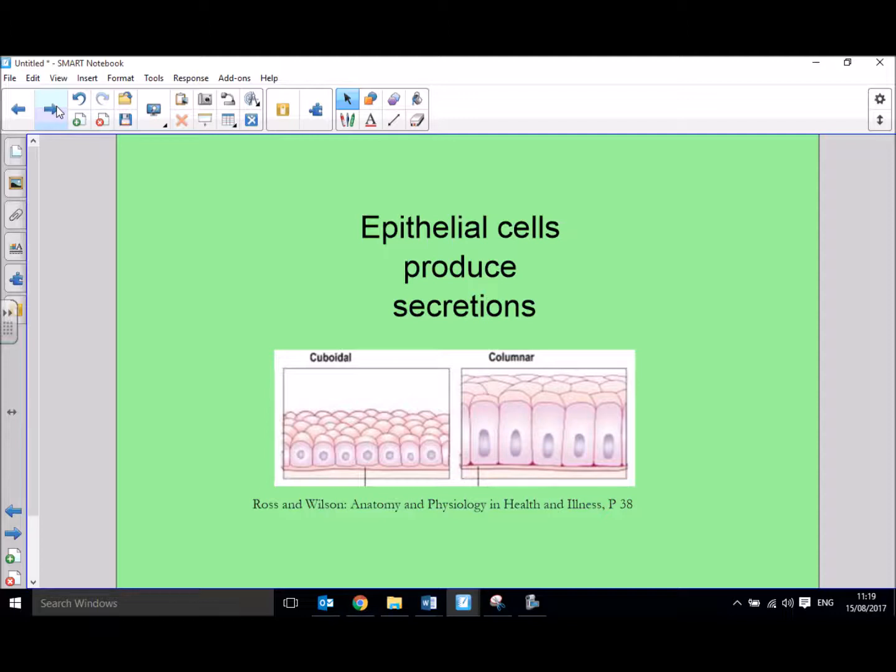And you're going to talk about individual glands a lot later on in the whole of this course in particular. We'll talk later on in biomedical sciences and also in oral biology next semester about different glands, so I don't want to complicate things too much with that. Just important to remember that it is epithelial cells that are producing these secretions, and they're generally either cuboidal or columnar.